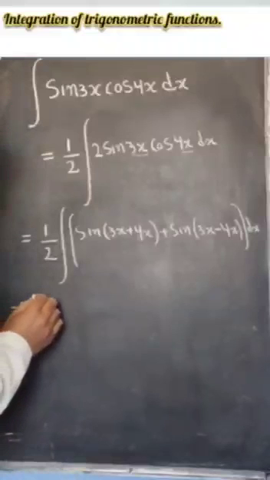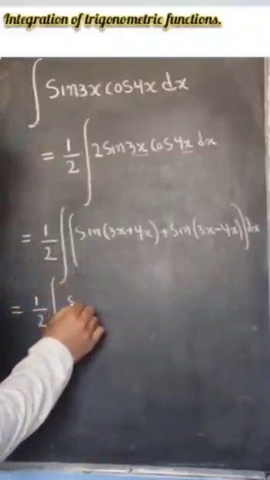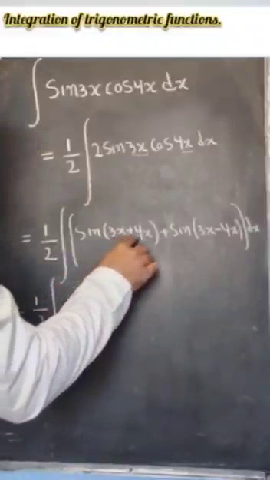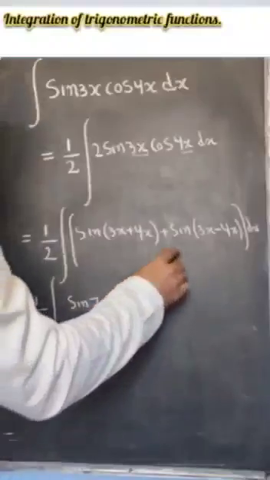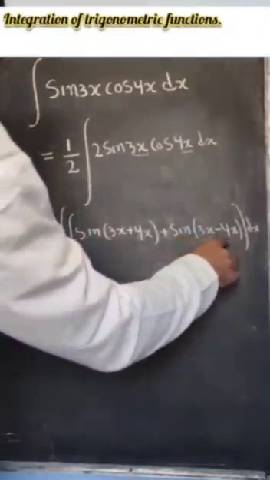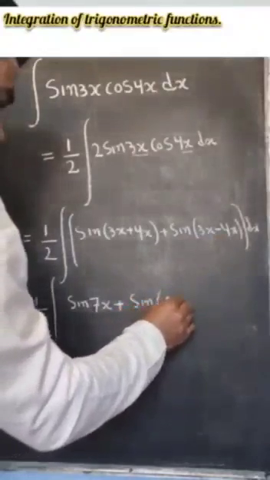That is further equal to 1 by 2 integral sine 3x plus 4x, that is 7x, plus sine 3x minus 4x, that is sine minus x.